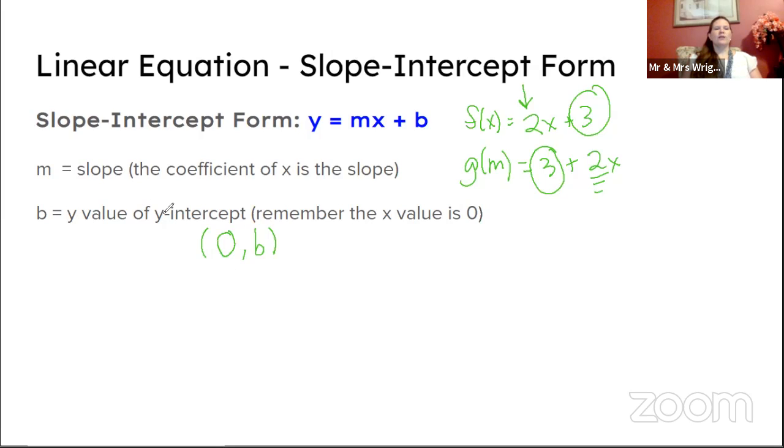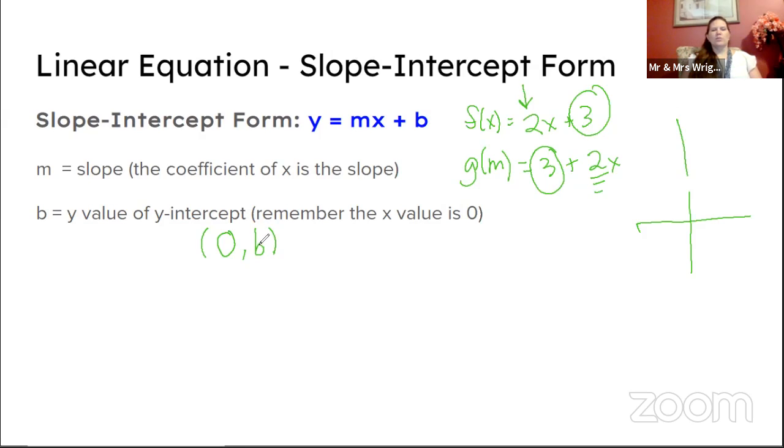When you're looking for the y-intercept, x is 0 because it's where the graph crosses the y-axis, so it's not moving to the right or left at all. It's only moving up and down. So when you're looking for the y-intercept, you're looking for what goes in the y spot, and in this formula it's whatever the constant is, known as the b spot.